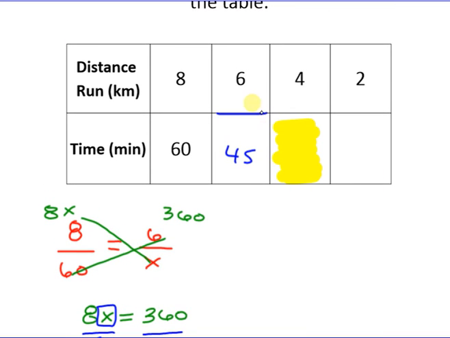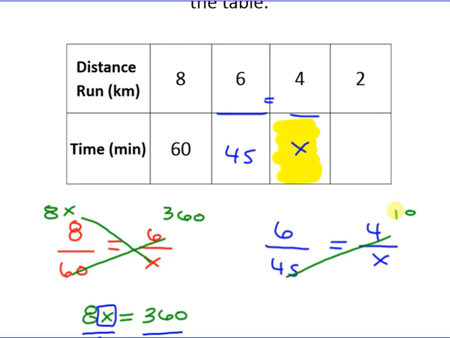Alright, so now our next one is going to be 6 over 45 equals 4 over x. So now we're focused on this proportion here, okay? So 6 over 45 equals 4 over x. So we have 45 times 4, which is 180, equals 6 times x, which is 6x.